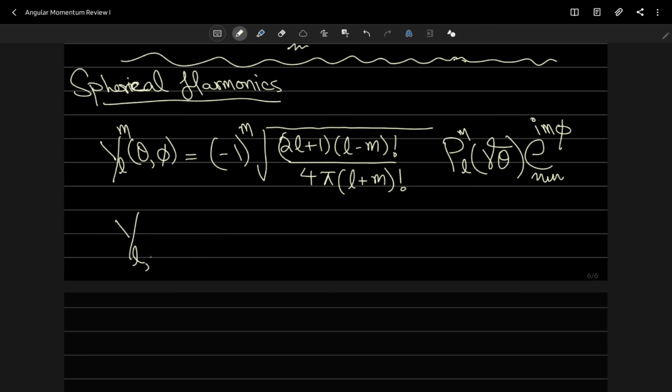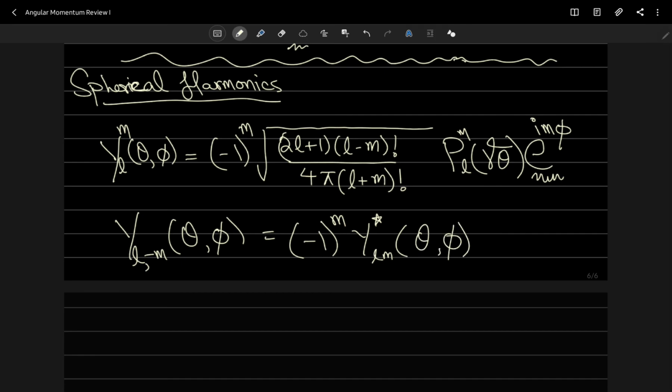Y L minus m of theta and phi is equal to minus 1 raised to power m times the conjugate of Y Lm of theta and phi. So this is just one of the properties, and this is how your spherical harmonics are written, again with m greater than or equal to 0.